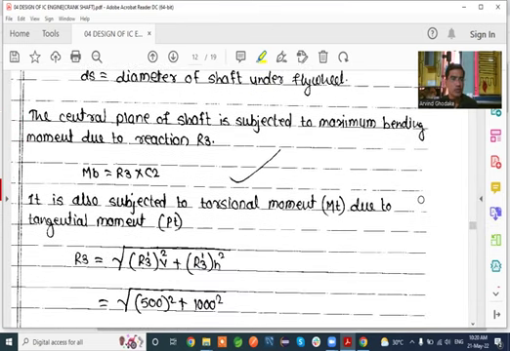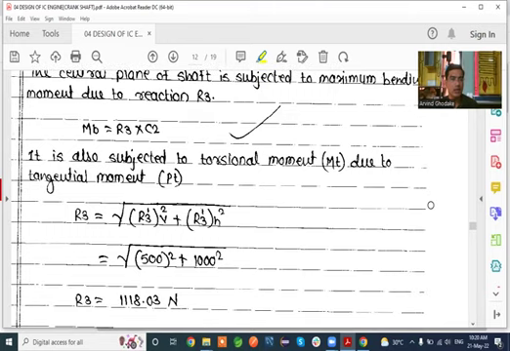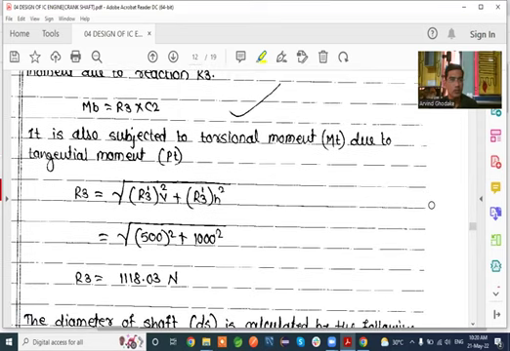It is also subjected to the torsional moment MT due to the tangential force PT. Therefore, R3 is the square root of R dash 3 in the vertical direction squared plus R dash 3 in the horizontal direction squared. Therefore, R3 will be equal to 1180 Newton.